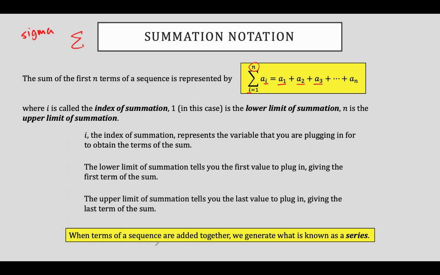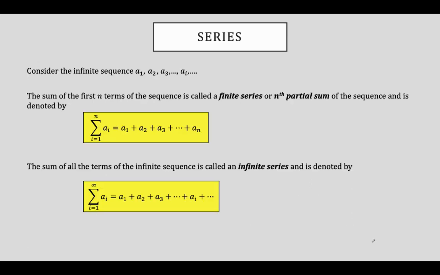When terms of a sequence are added together, we generate what is known as a series. So that's the difference between sequences and series. A sequence is simply a list of numbers, whereas a series is a list of numbers that are added together. Consider the infinite sequence a1, a2, a3, dot dot dot, a subscript i, dot dot dot.